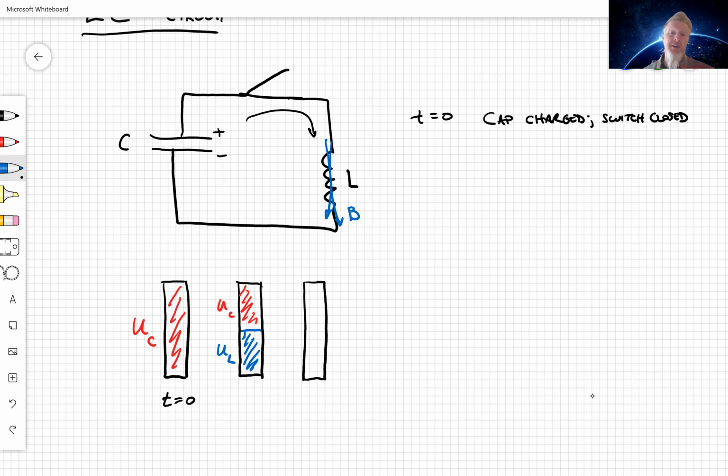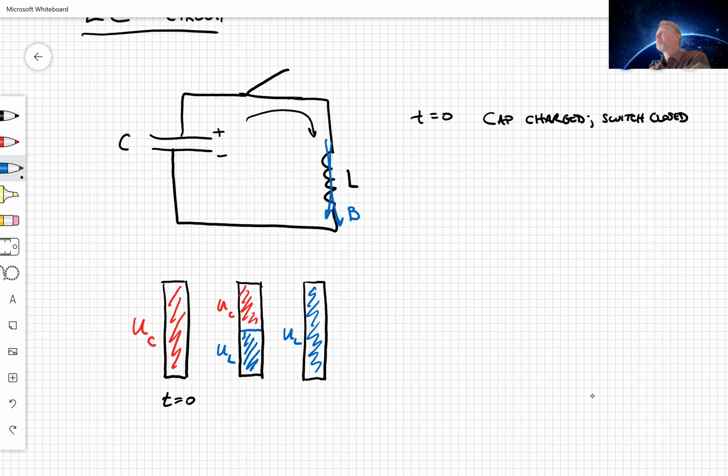The voltage across the inductor is also 0, has to be because they match because of the loop rule. The voltage of the capacitor is 0 because it has no charge. The voltage of the inductor is 0 because there's no more change in the current. It's at its maximum current right now, which means all of the energy in the circuit is held inside the B field of the inductor.